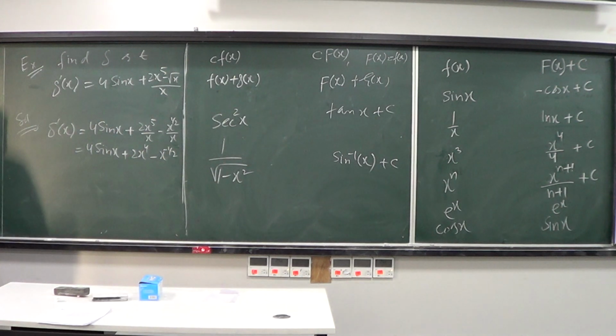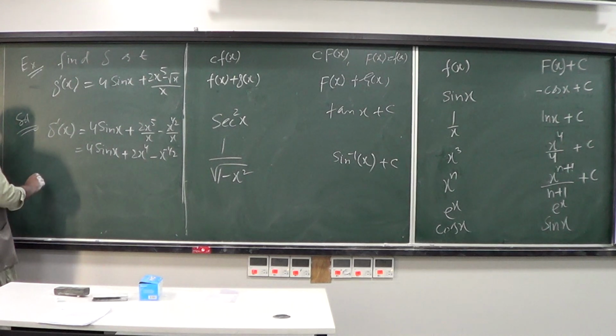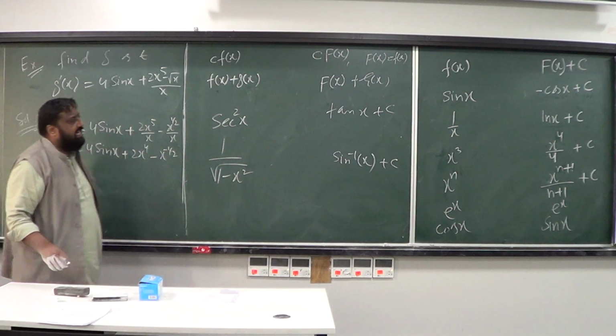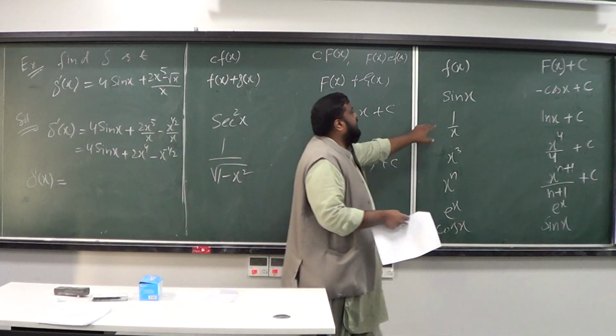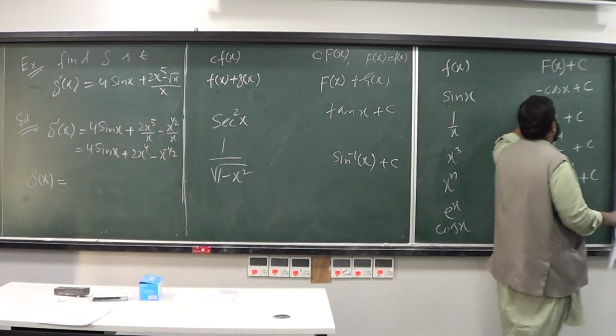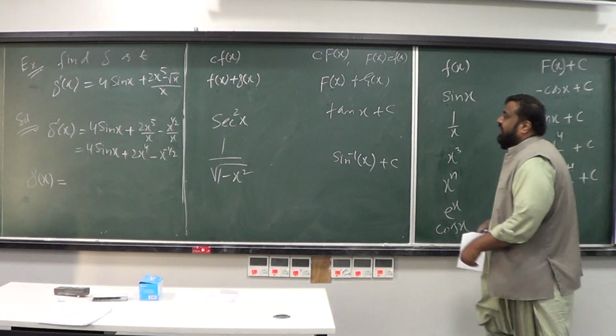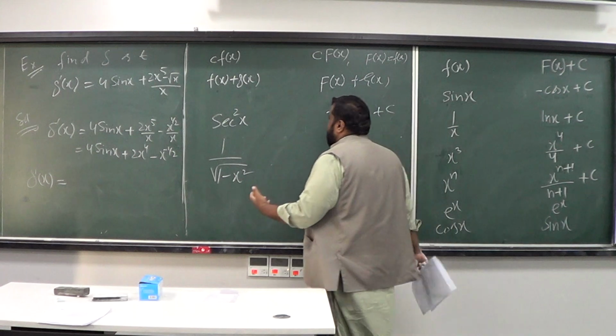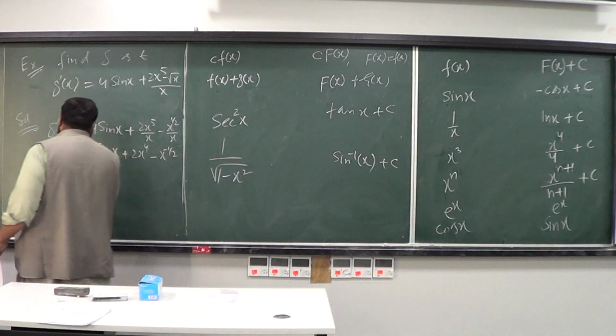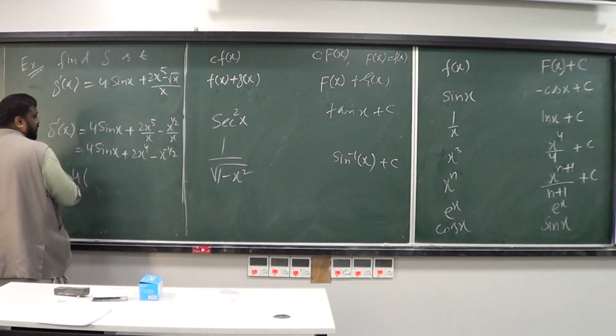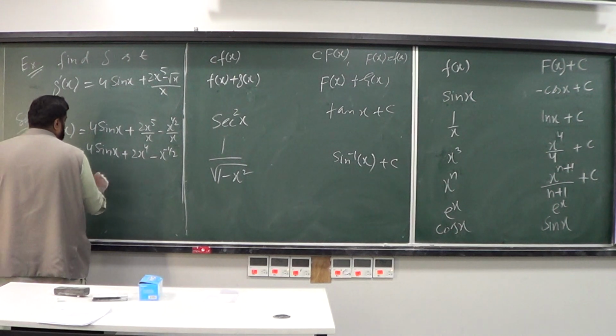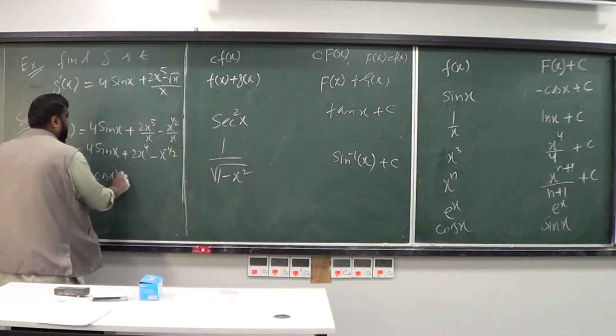Now let's do the antiderivative. What would be G of x? What is the antiderivative of sine x? In other words, what is the function whose derivative is sine x? You're going to say minus cos x. So the 4 would stay the same, and the antiderivative of sine x is minus cos x, plus.